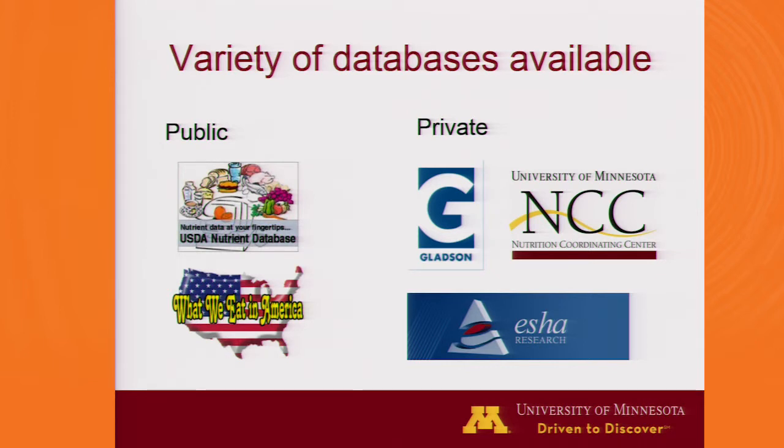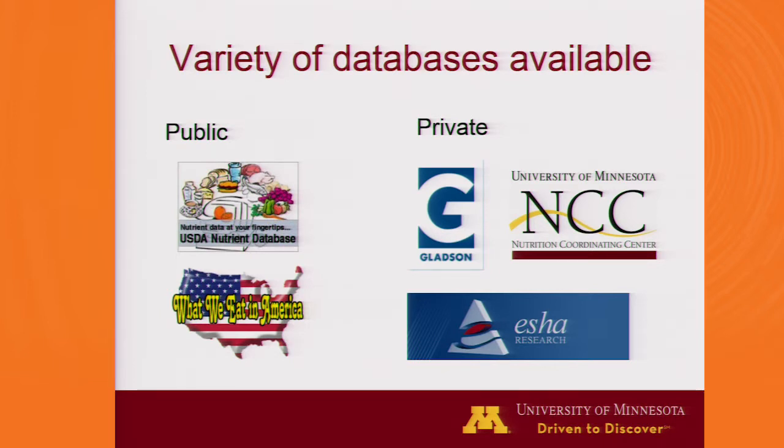Private databases, one I'll just mention is the Gladson database, which has over 200,000 foods. Primarily it's used to organize supermarket shelf space, but when manufacturers submit information about new products, they also include the nutrient panel information and ingredient information.